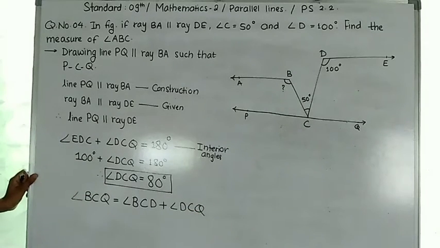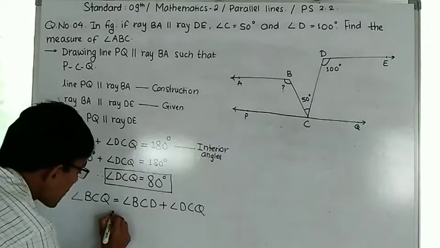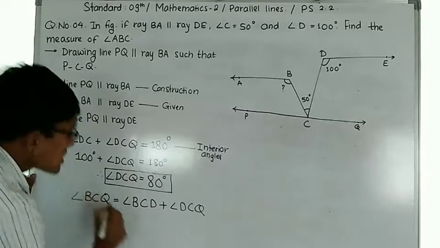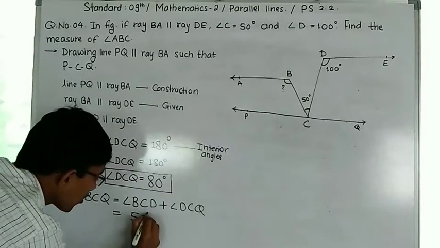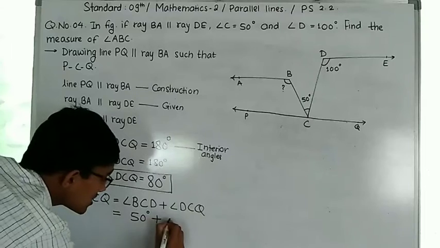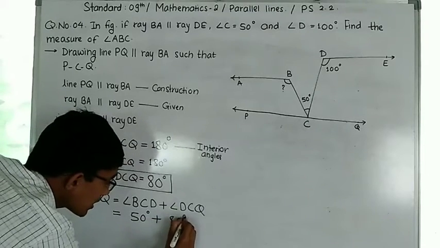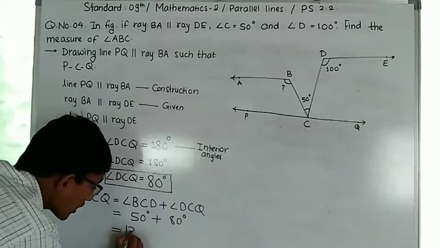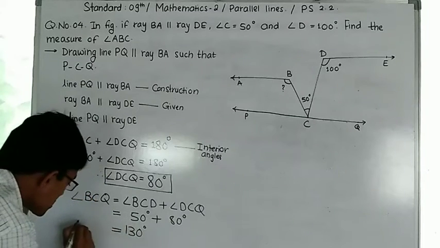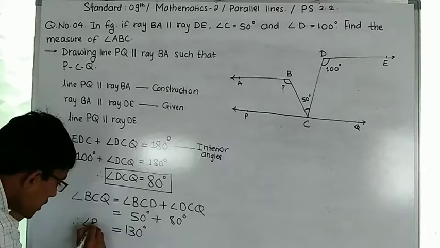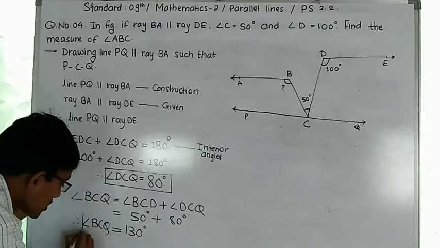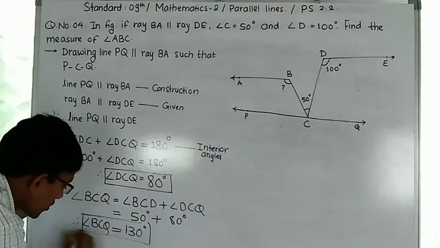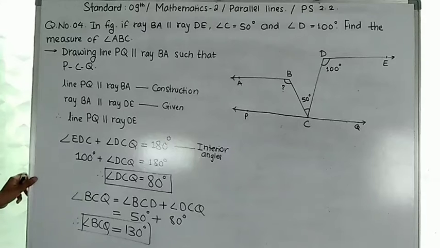What is the measurement of angle BCD? It is 50 degrees. The measurement of angle DCQ is 80 degrees. 50 plus 80 is nothing but 130 degrees. Therefore, angle BCQ is equal to 130 degrees. What is the measurement of angle BCQ? It is 130 degrees.